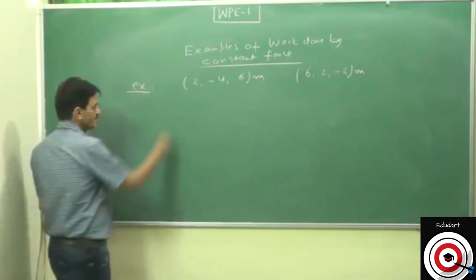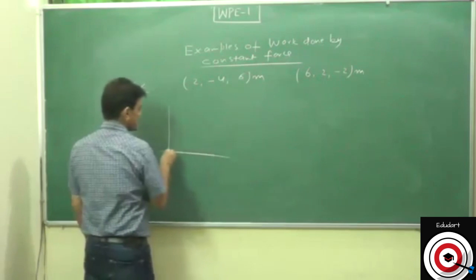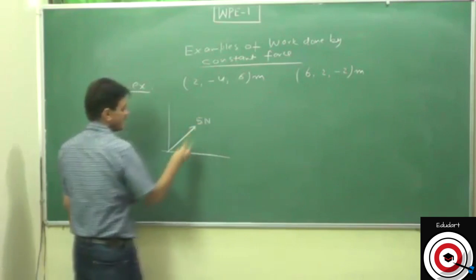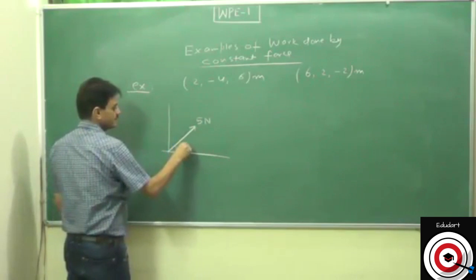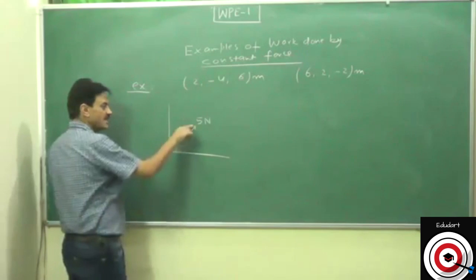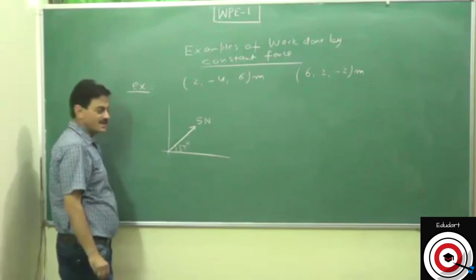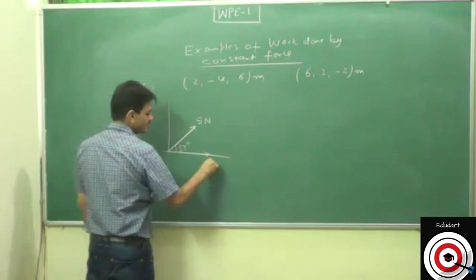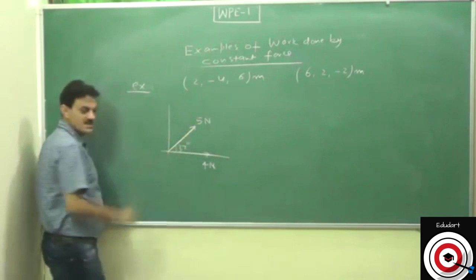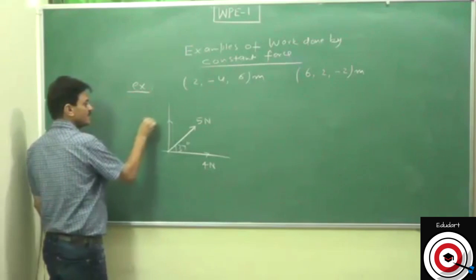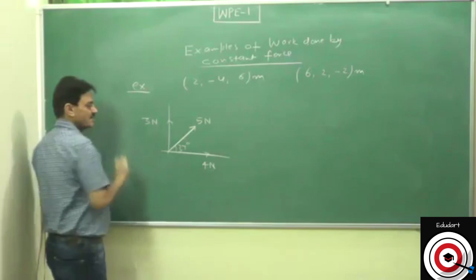Now you see, force is this. This is 5 Newton at 37 degree. Let us find its components along x and y axis. Component along x axis will be 4 Newton, 5 cos 37 degree, and component along y direction will be 3 Newton, 5 sin 37 degree.